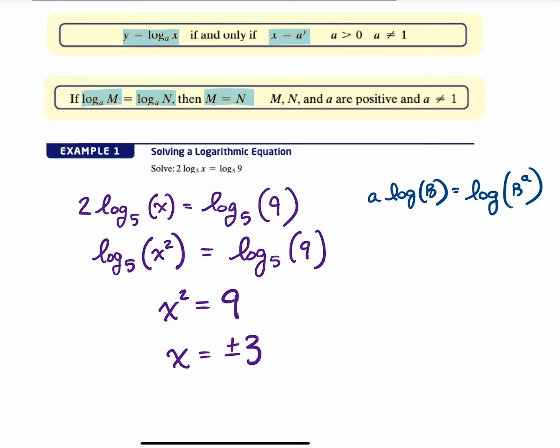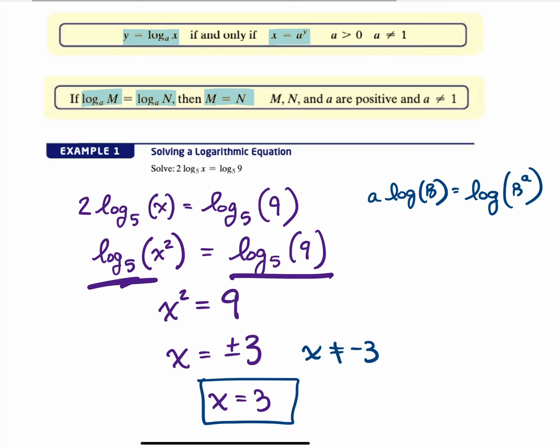However, in this case, we do just have x. So if we were to plug in that negative 3, we would be outside the domain of the logarithmic function. So we've got to say x can't equal negative 3. So we'll just take the positive as the result. x will just equal positive 3. But here we're using that property: if we can set it up so we have a logarithm with the same base on both sides, you can just equate what's inside of them.